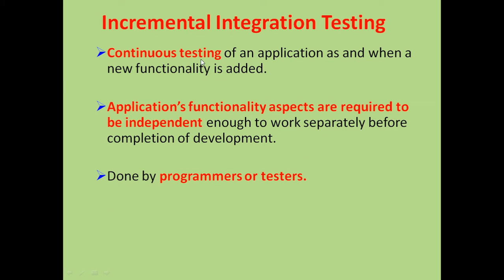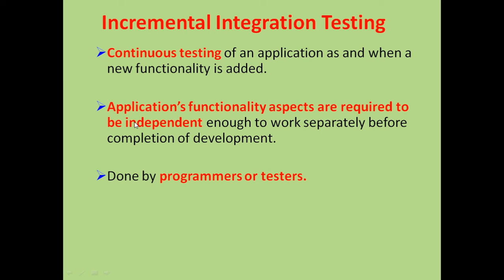Continuous testing of an application as and when new functionality is added is called incremental integration testing. If we want to run the integration testing in parallel to the unit testing, as and when units are being tested, we can go about integrating each unit one by one in an incremental manner.